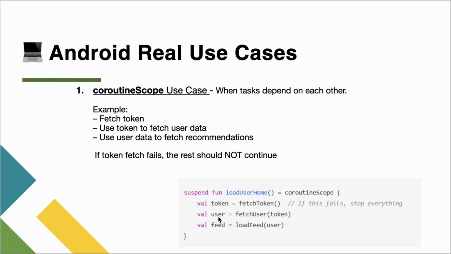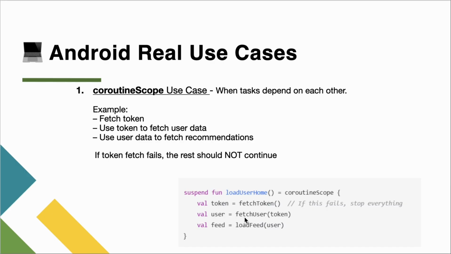How will I get the user details if my first API, which was returning me the token, has failed? Or how am I going to fetch the feed for the user if the second API has failed? So this is the real use case where I would recommend that you, as a developer, prefer making use of a coroutine scope.